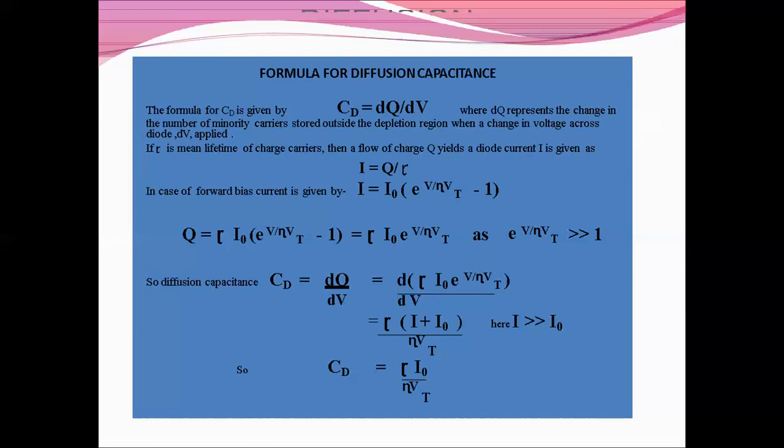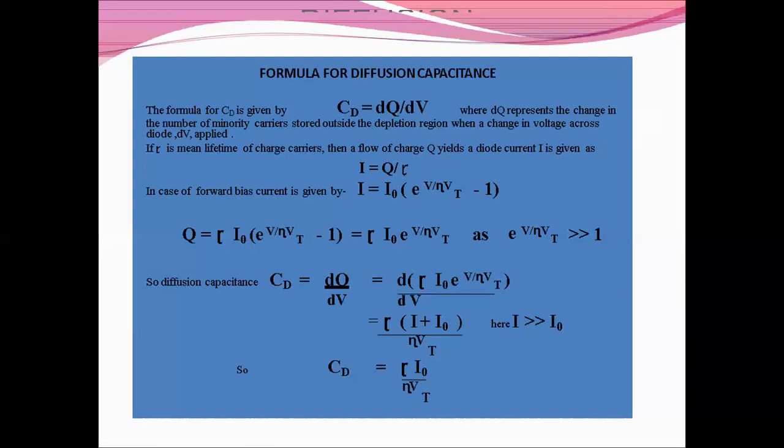So the diffusion capacitance can be written as C_D equal to change in charge by change in voltage, that is dQ by dV. You can replace the Q value here, so that you will get d of (tau I naught e power V by eta Vt) divided by dV.